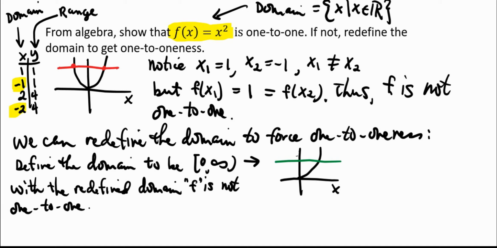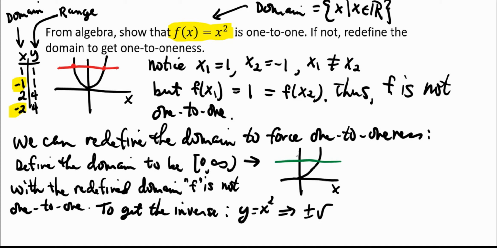And you recall from there you could find the inverse. You can only get the inverse if it's one-to-one. So let y equal x squared, solve for x. So this implies that we have plus or minus the square root of y is equal to x.